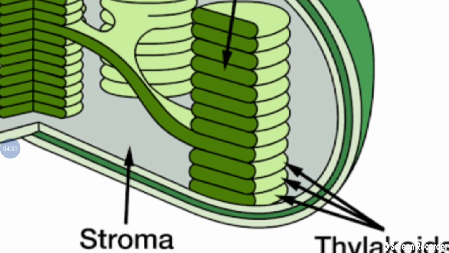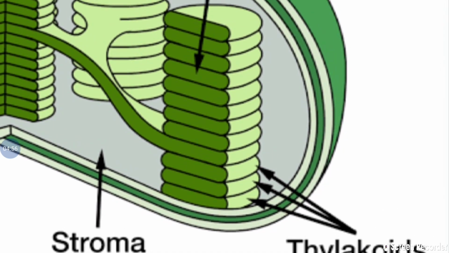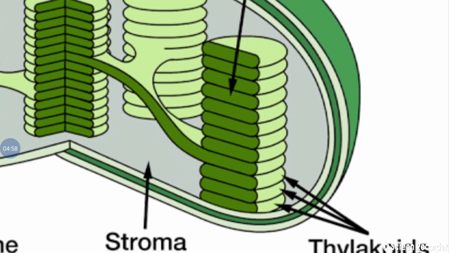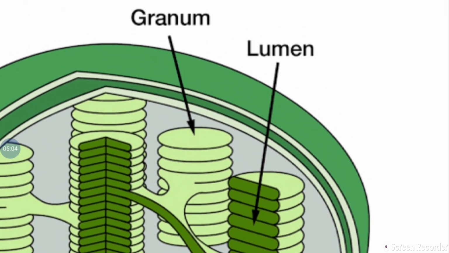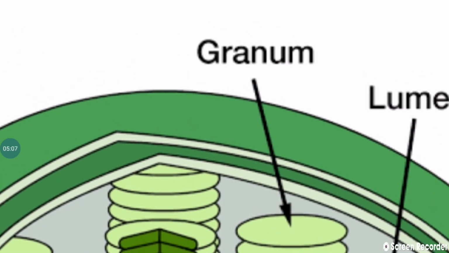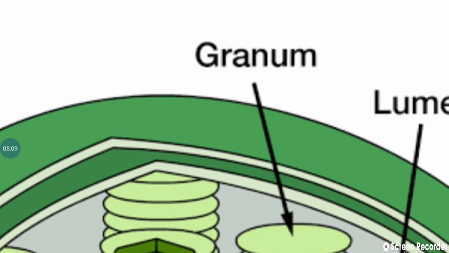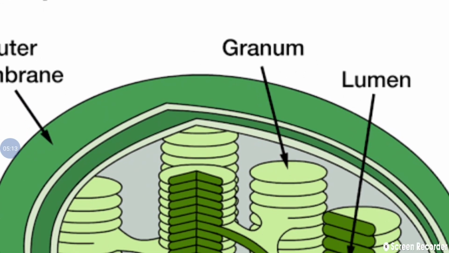In certain areas, the thylakoids are piled up one on another, called stacks. The stacks of thylakoids are called granum.